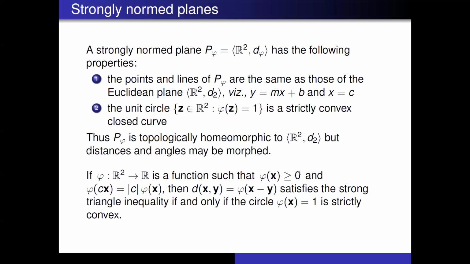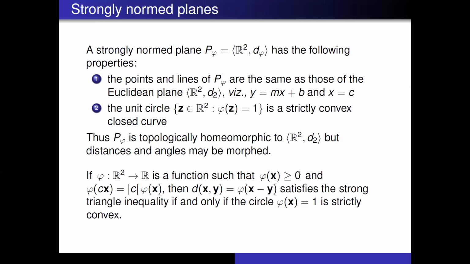In other words, y equals mx plus b, and then the vertical lines, x equals a constant, and that's it. So that would not be true if you used the L1 or the L infinity norm, and that's the reason we're throwing those out. And the unit circle is a strictly convex closed curve.